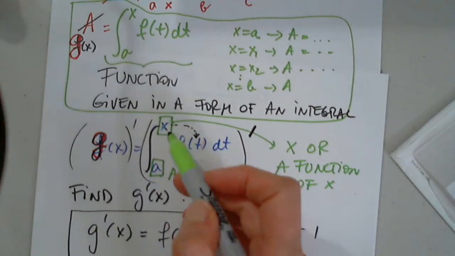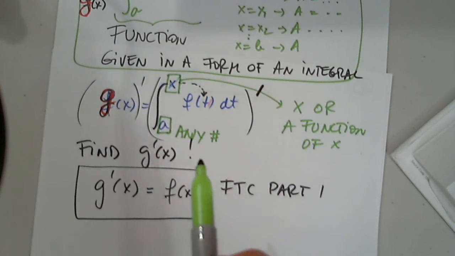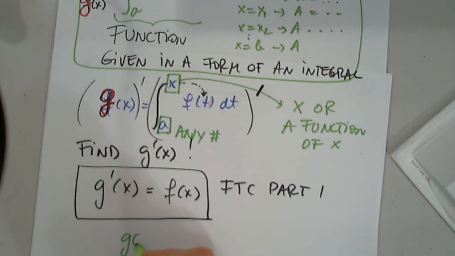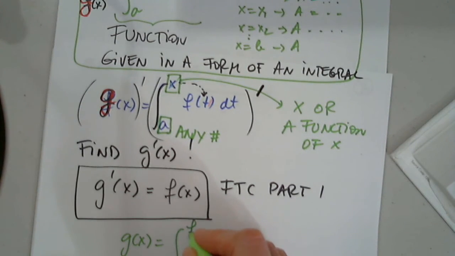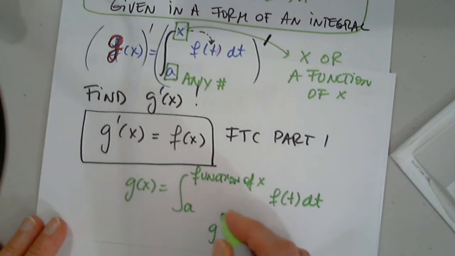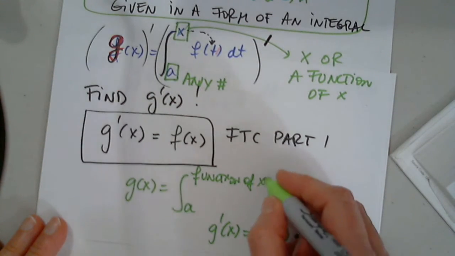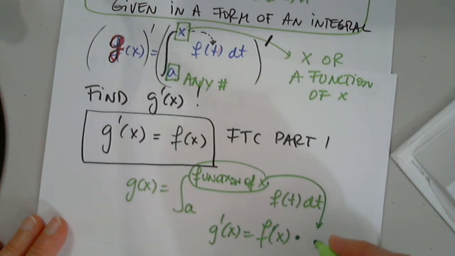But what happens if I have a function of x? Then if I have g of x as the integral from a, let's say, to a function of x, f of t dt, then g prime will be f of x, of course, but multiplied by this function prime.